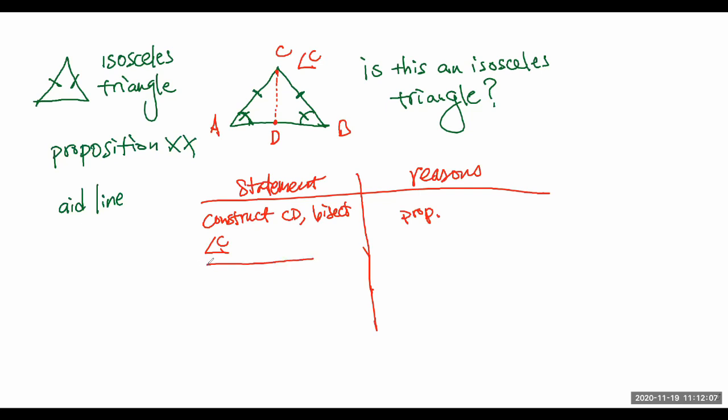The next one is that angle A is congruent to angle B. That's just given in our proposition, because we said that if in a triangle the two angles are congruent, then the opposite sides are congruent, so it's an isosceles triangle.